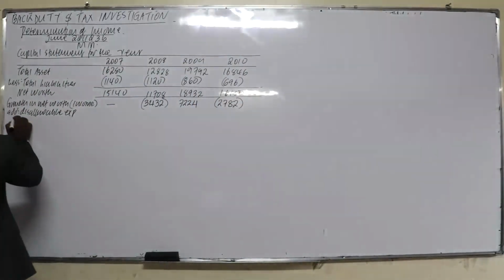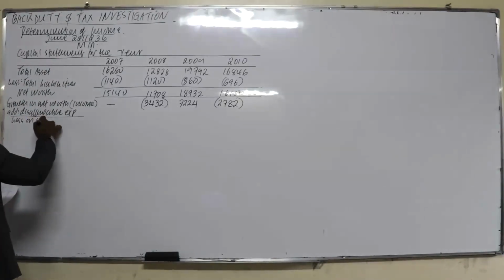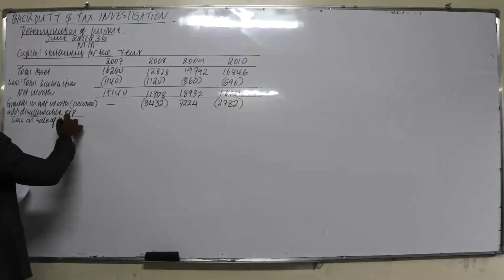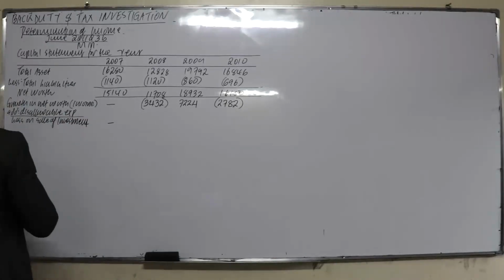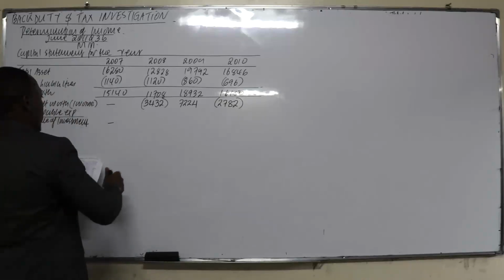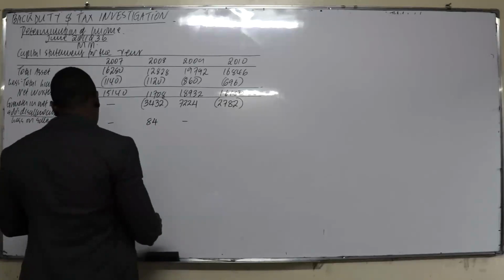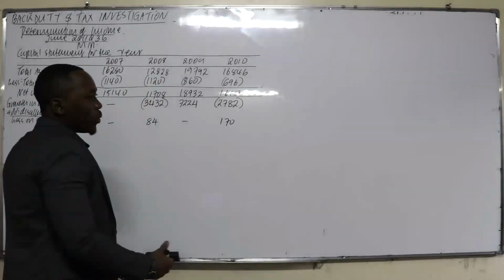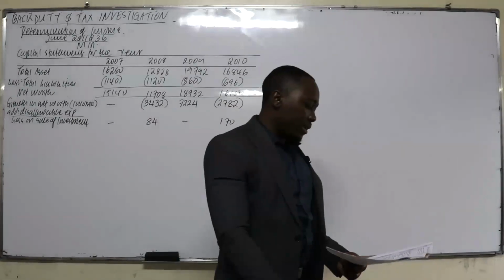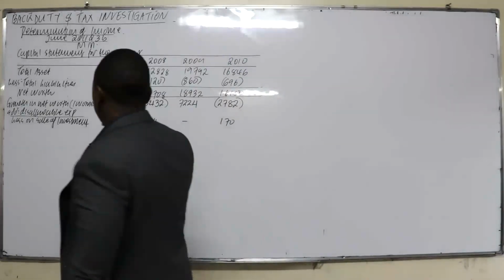So you add back loss on sale of investment. It was, in 2008, an amount of 84. Also in 2010, an amount of 17. Then you raise any non-taxable income; we didn't have any. Also, you raise allowable expenses never deducted.